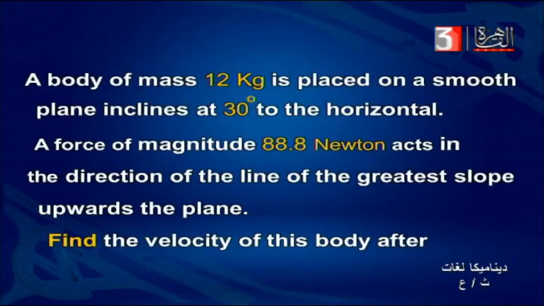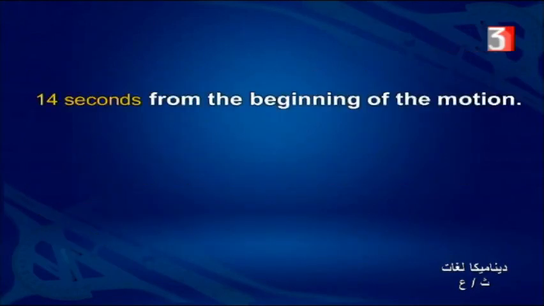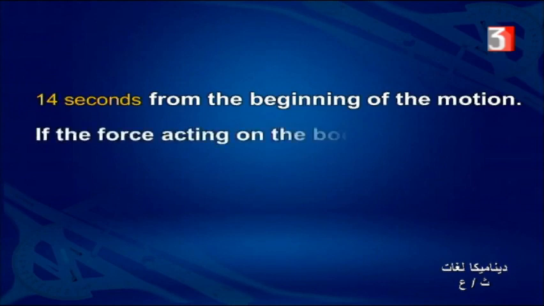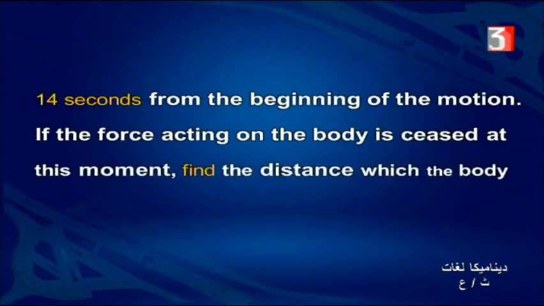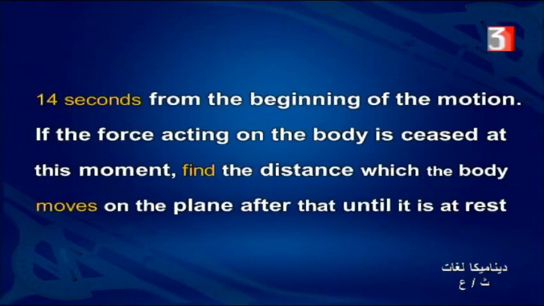Find the velocity of this body after 14 seconds from the beginning of the motion, and if the force acting on the body is ceased at this moment, find the distance which the body moves on the plane after that until it is at rest.